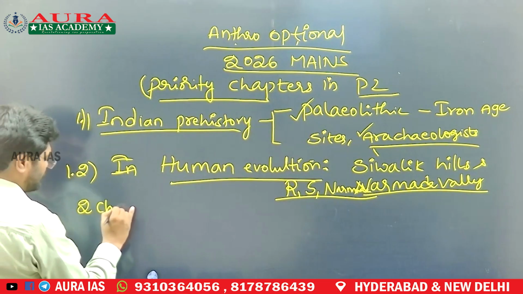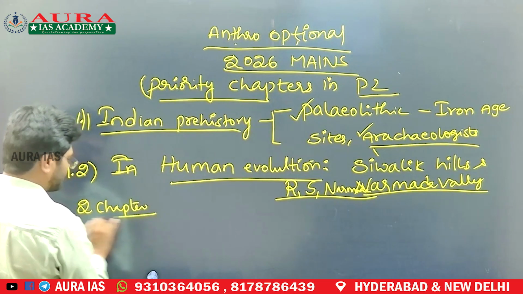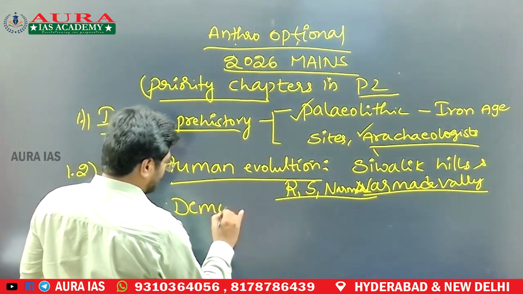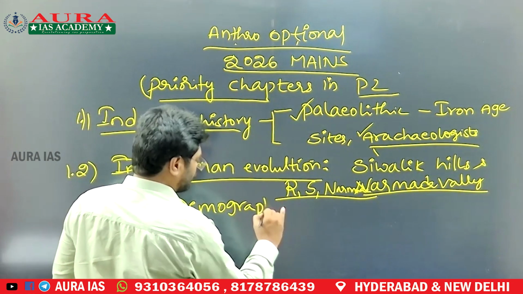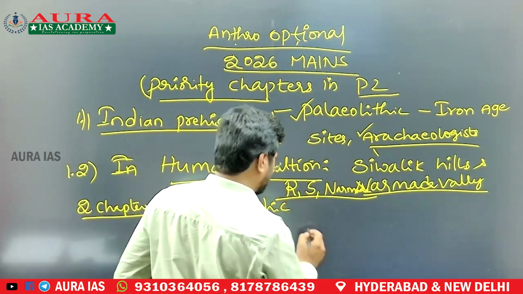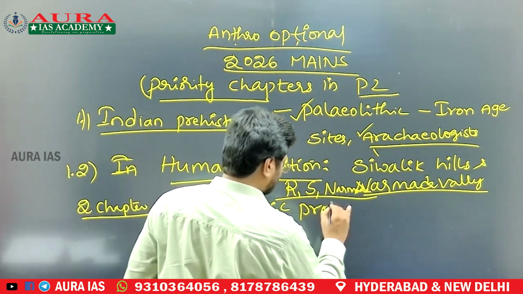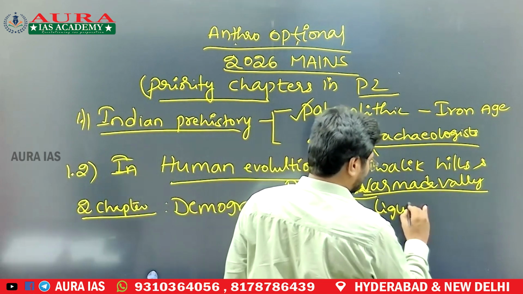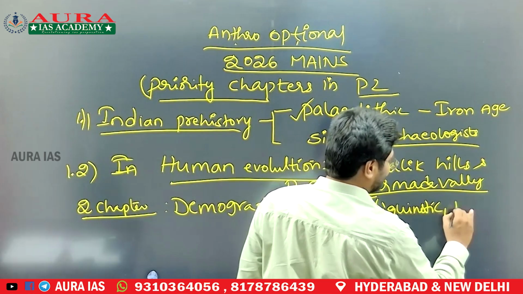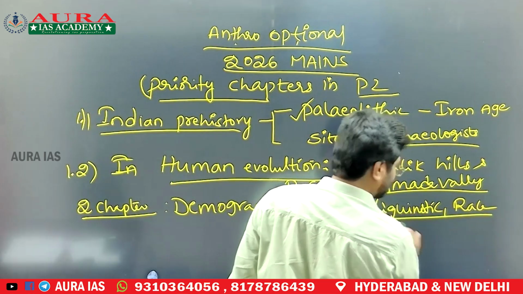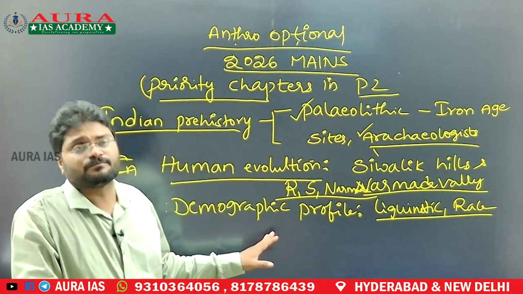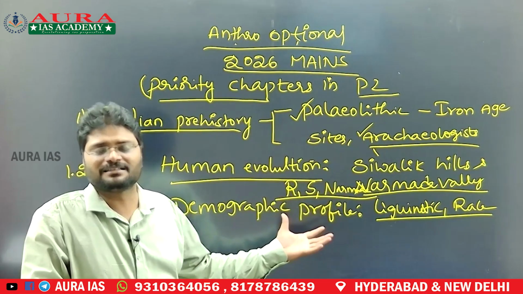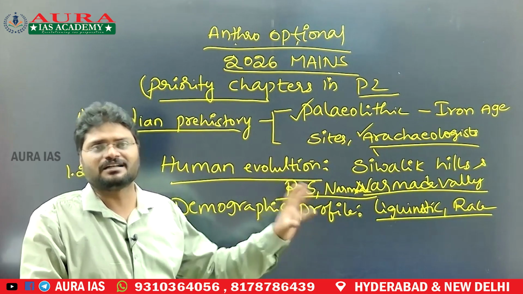The second chapter, which falls under Indian society and civilization, is the demographic profile of India. Every year one or two questions are coming. Mostly focus on the linguistic elements, racial elements, the structure and composition of the population, the factors for population growth, the factors for population sinking in some other states, regional variations, son preference.